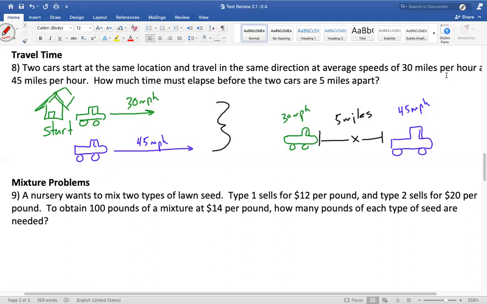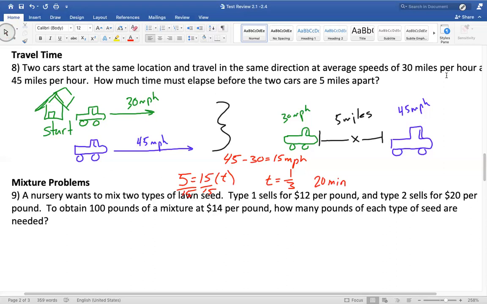So what I'm going to do here is subtract the two to get my 15 miles per hour. That's going to say 5 equals 15 miles per hour times T. When I divide by 15, I get T equals 1/3, which would be 20 minutes, because 1/3 of an hour is 20 minutes.